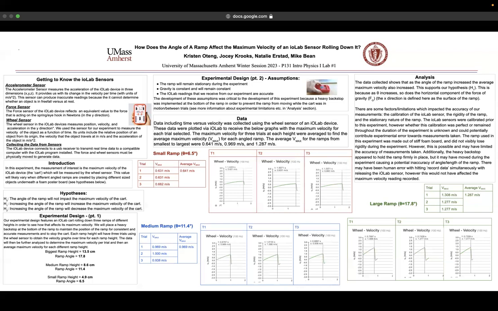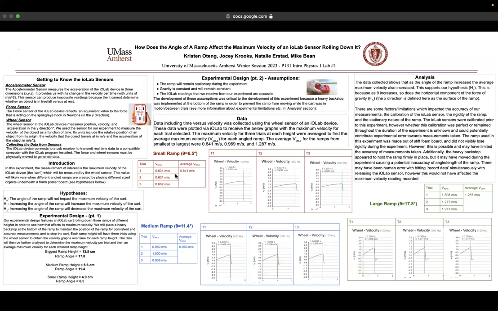So the data that we collected was using the wheel sensor, as I previously mentioned. We plotted these data on IOLAB to receive the below graphs. And then we also had the maximum velocity, which is highlighted by these vertical lines here. The maximum velocity for the 3 trials for each height were averaged to find the average maximum velocity.